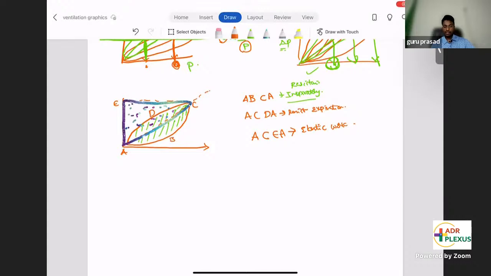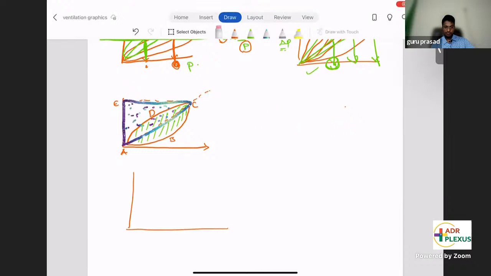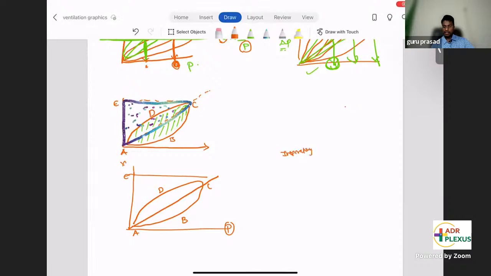They can ask you this in the exam, they will give you this graph. Again, I will ask once again. Now you will have to tell me. I am rubbing this and drawing the graph. So A, B, C, D, and E is the volume pressure graph. Now tell me which will tell you the inspiratory resistive work.